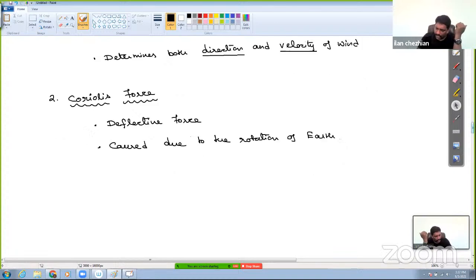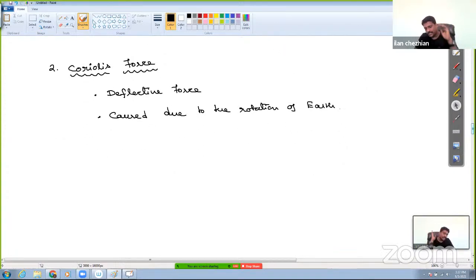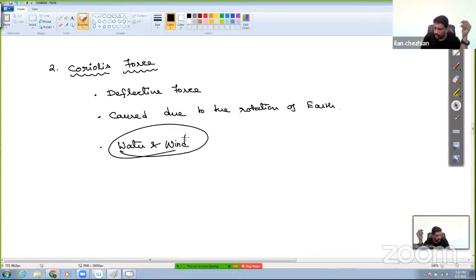Further, you can write: any moving unstable mass gets deflected towards right. What is the meaning of this unstable mass? Any moving unstable mass, within bracket you can write it as water and wind, my friend.